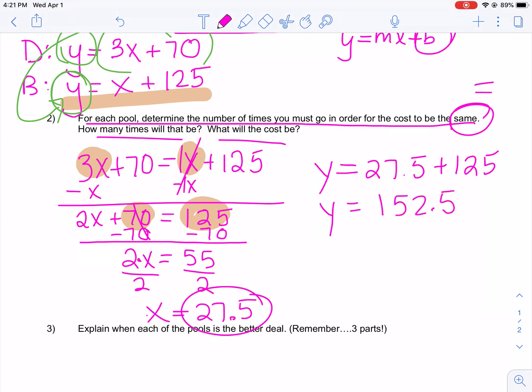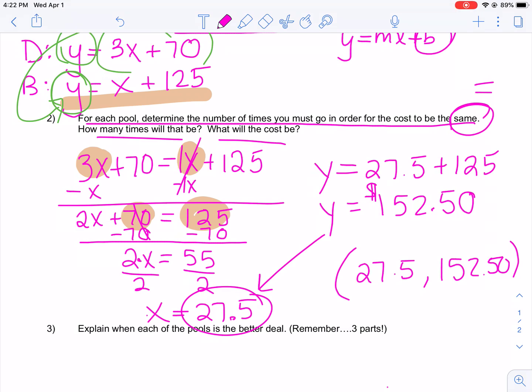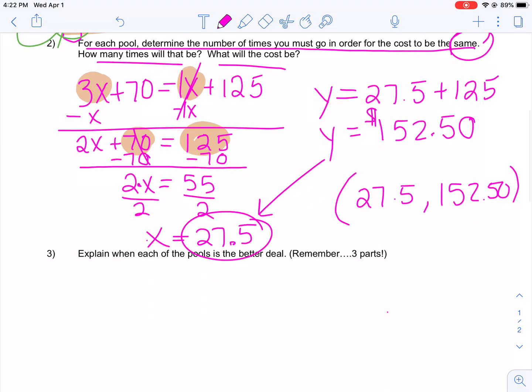But we know it's money. We better add that 0. Okay, so $152.50 is going to be the cost for both pools when we go 27.5 times. So our solution is 27.5, 152.50, which means that's the point that the 2 lines will intersect on the graph.